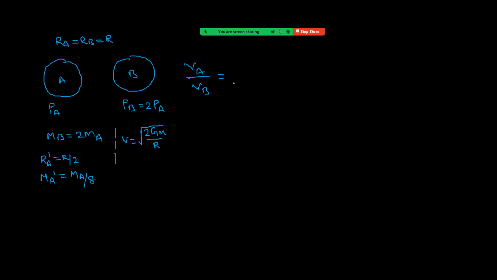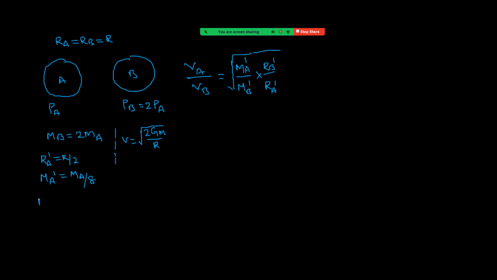So here what we can write is mass of A after the interaction by mass of B after interaction, radius of A after interaction, radius of B after interaction. Already we got the values of MA dash, RA dash. See MB dash, what can we write?